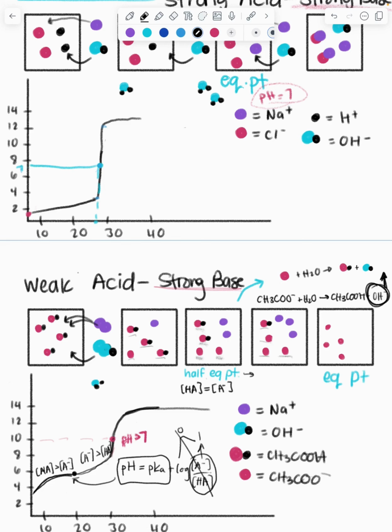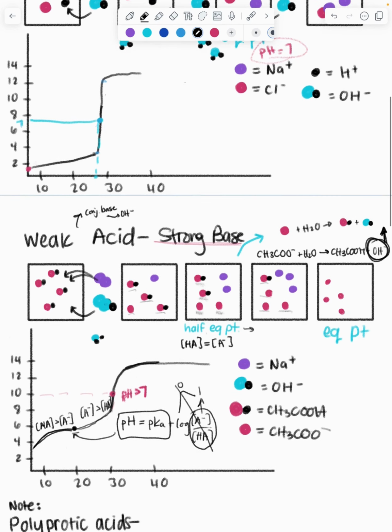So it's because the conjugate base is going to react to form some hydroxide, thus raising the pH at the equivalence point. Okay, and then if I just keep adding sodium hydroxide, it's going to continue at this point to form more OH-, and that's going to drive the pH to have this sharp increase, and then that tells us that the titration is complete.